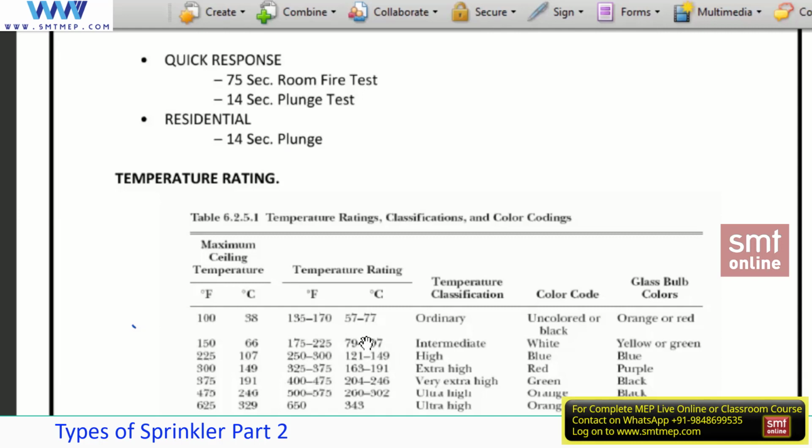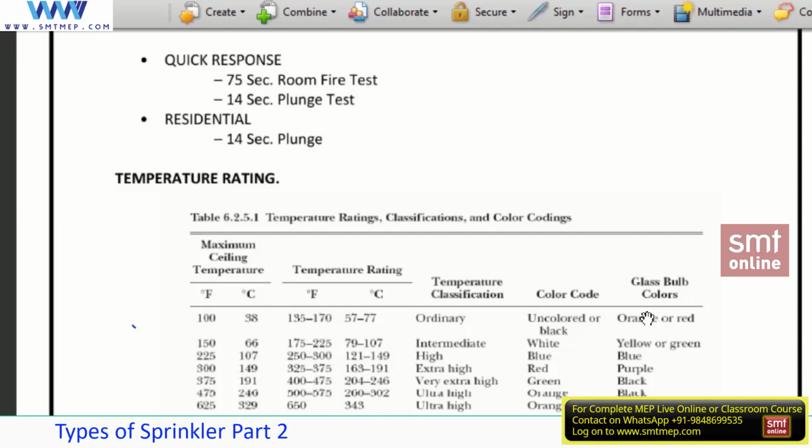Similarly, you can see the rating up to E43, very high, ultra high conditions, and the black, where we have different options. This is the glass bulb color. This color coding is for the sprinkler, but here I'm talking about the bulb color, the color of the liquid inside that sensor. Generally it is alcohol or another liquid which expands when the temperature increases, as per the thermal rating. So this is just a reference.